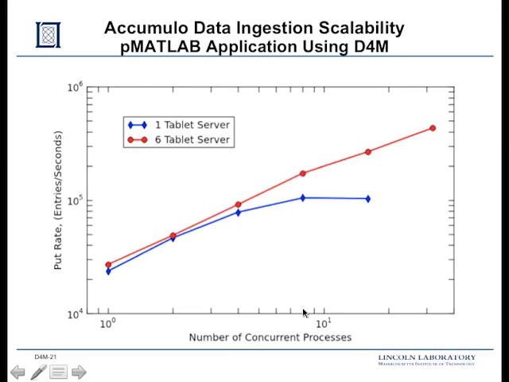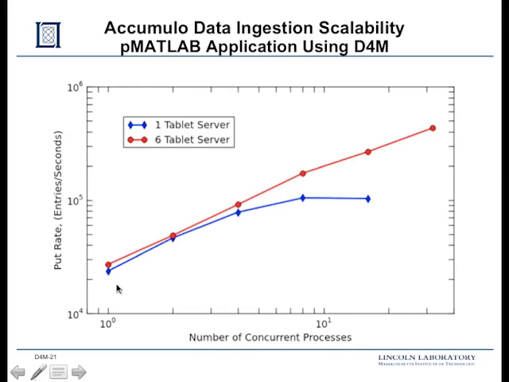When you have parallel databases involved, now you have a couple of additional parameters, which is that much more stuff you have to keep in your head. In this case, Accumulo calls its individual data servers tablet servers, so you have to be aware of how many tablet servers you have. So that's another parameter, and you have to create separate curves. This is our scaling curve with the number of ingest processes into one tablet server versus the number of ingest processes into 6 tablet servers.